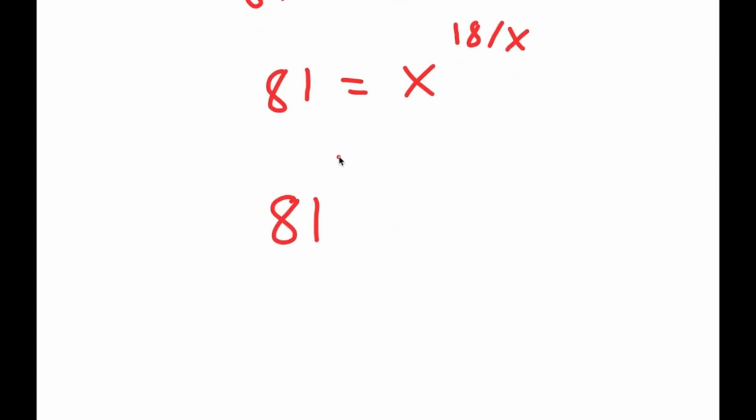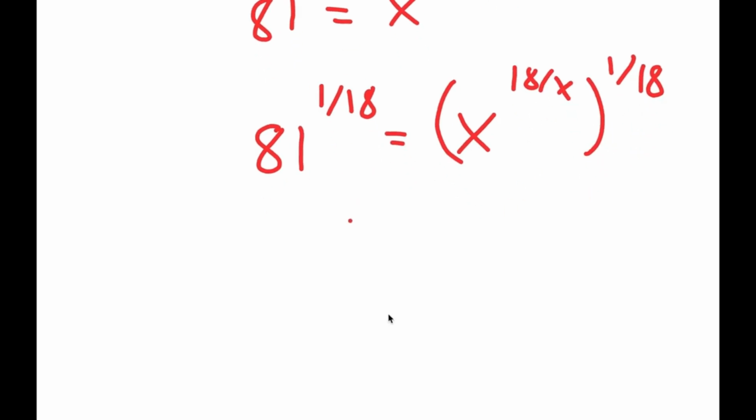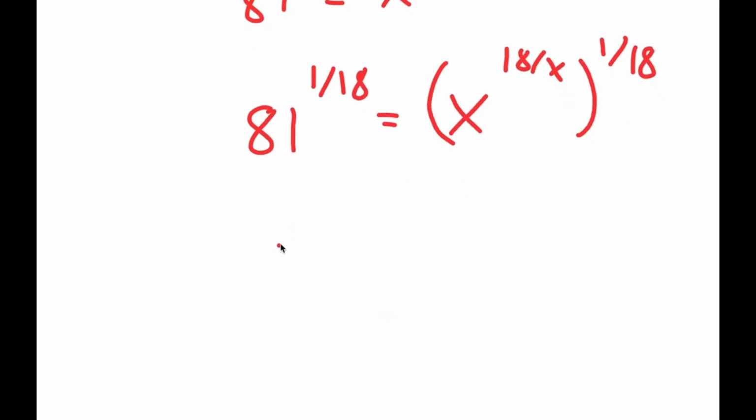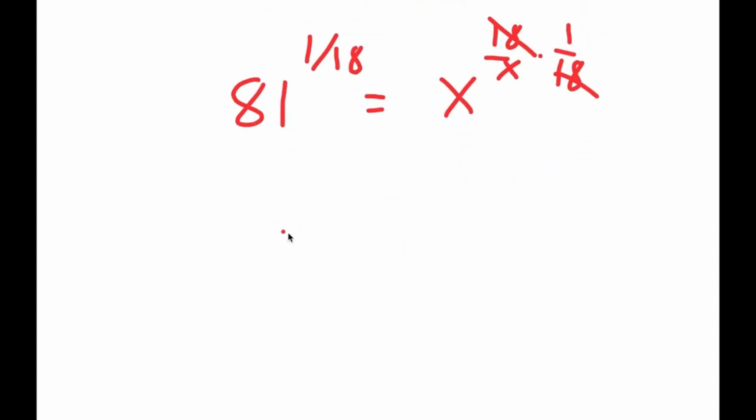So I get 81 to the power of 1 over 18 is equal to x to the power of 18 over x to the power of 1 over 18. And this is the same thing as 81 to the power of 1 over 18 is equal to x to the power of 18 over x times 1 over 18, and these two 18s cancel out, so I get 81 to the power of 1 over 18 is equal to x to the power of 1 over x.